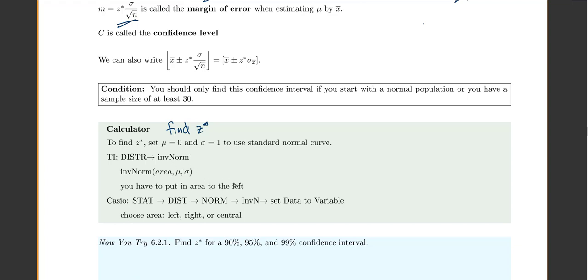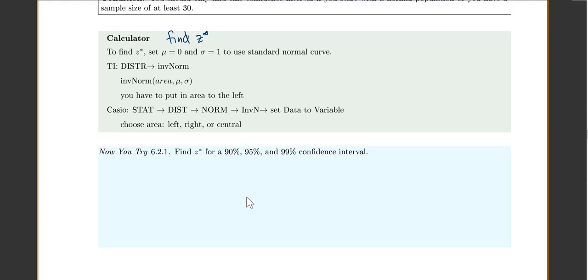I had here that for the TI you have to use the area to the left, but it does look like our updated version you can use areas to the left or in the middle. So you can go ahead and try to find z star for a 90, 95, or 99% confidence interval. Remember again, if you want 90%, then you'll draw a picture with 0.90 in the middle, and you'll be looking for z star that gives you 0.9 in the middle.